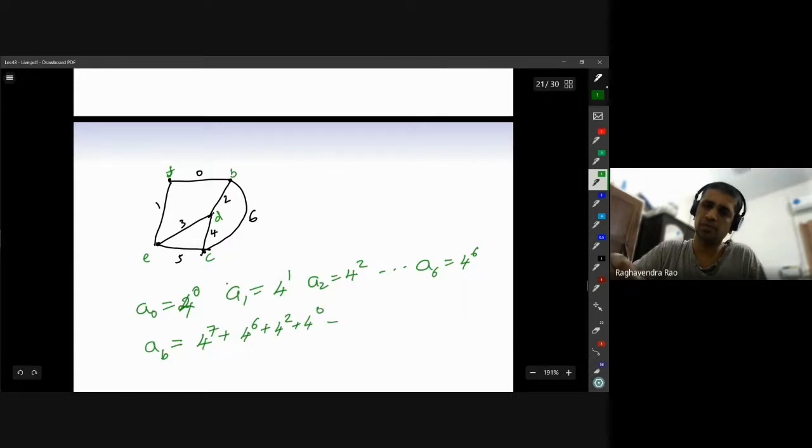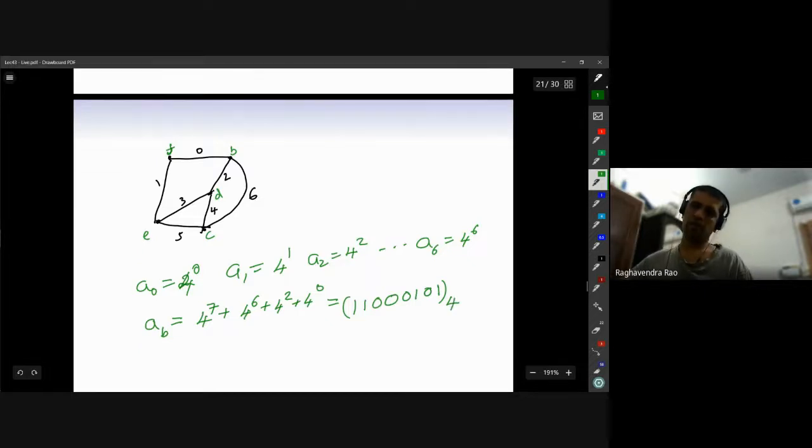So in base 4 representation, this is 1, 1, 0, 0, 0, 1, 0, 1, in base 4.